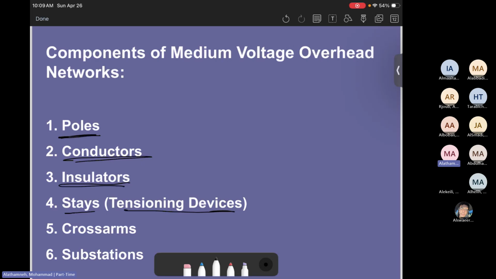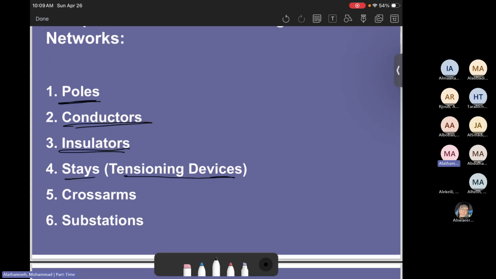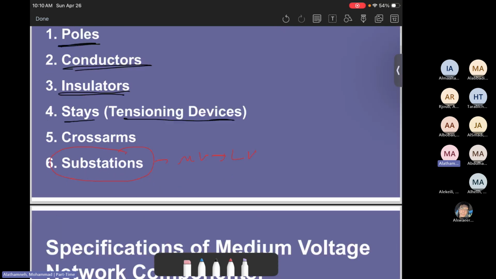So we need the stays when there is an angle or terminal pole. Cross arms that can carry the insulators and the cables. Substations, I would say these very small substations that convert medium voltage to low voltage. We will discuss them here.